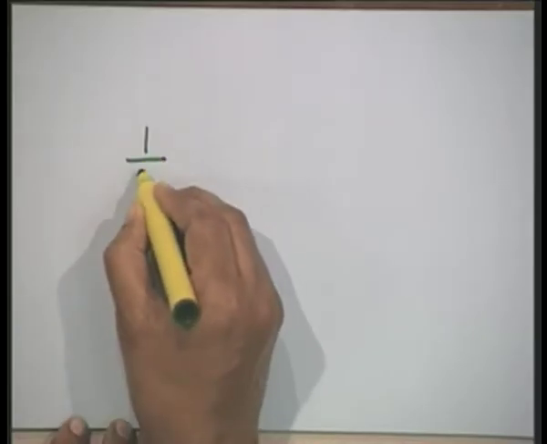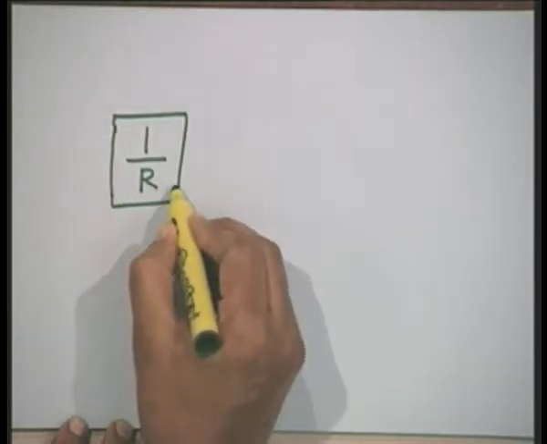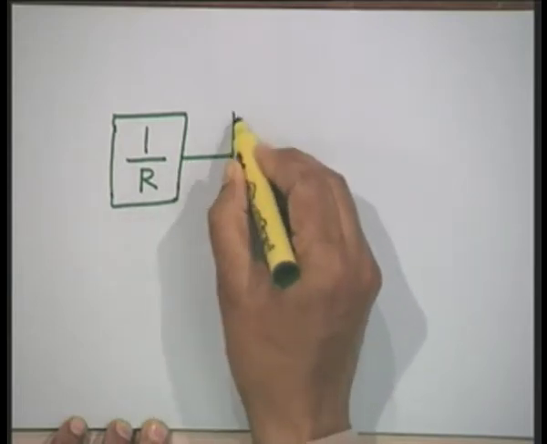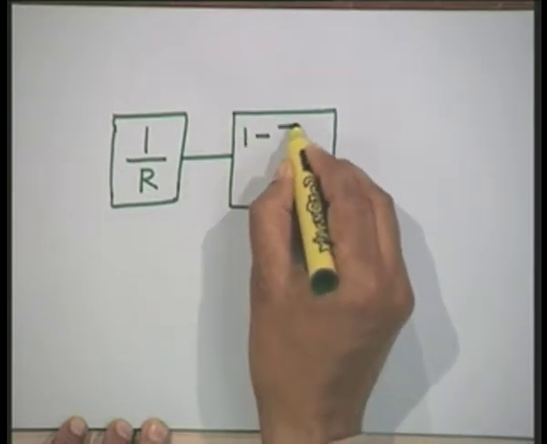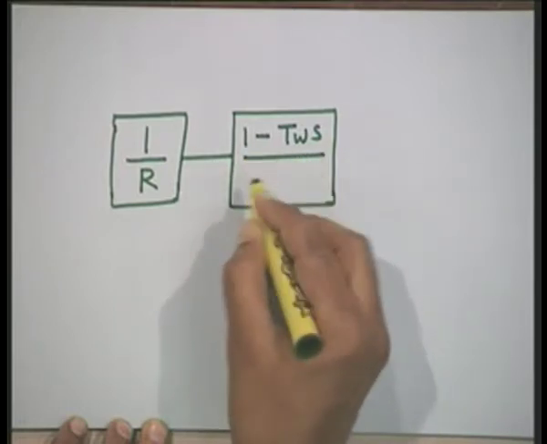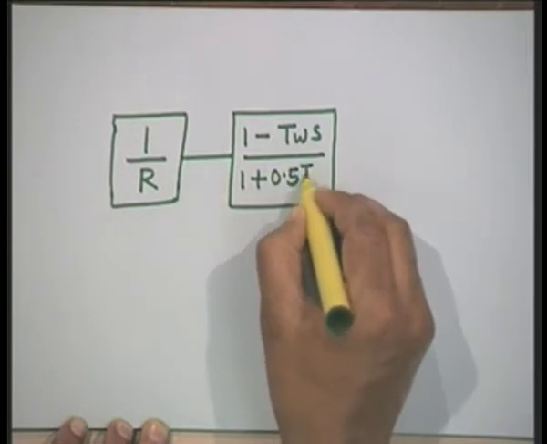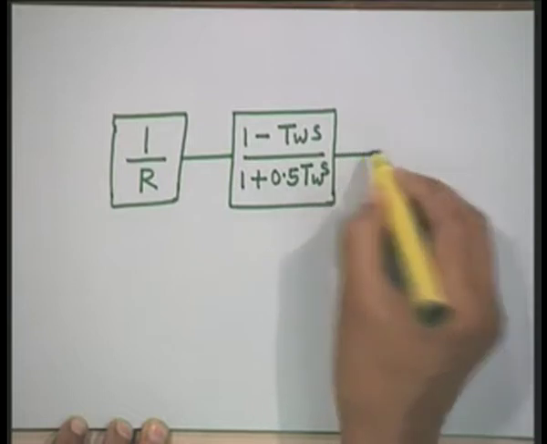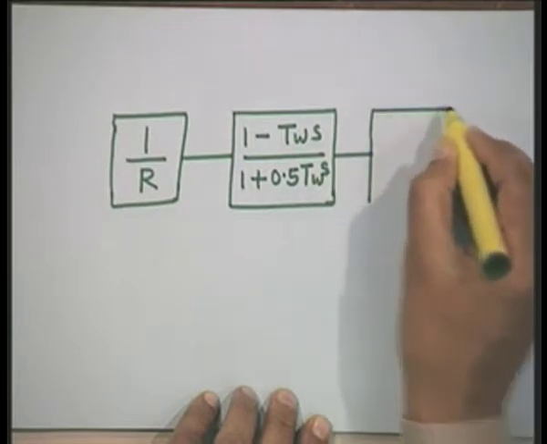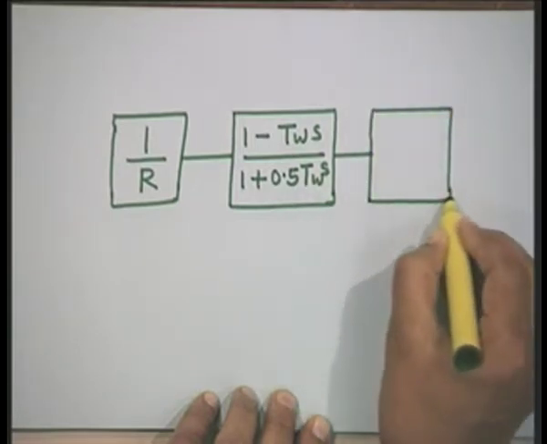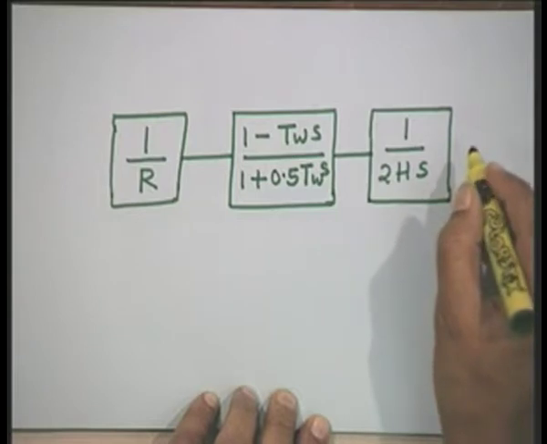We can represent the governor by a simple transfer function 1 by R. The transfer function of the hydro turbine, or hydraulic turbine, is (1 minus T_W S) over (1 plus 0.5 T_W S). The output of this hydro turbine will act on the inertia of the turbine generator system, which is 1 upon 2 H S. I am neglecting the damping term.